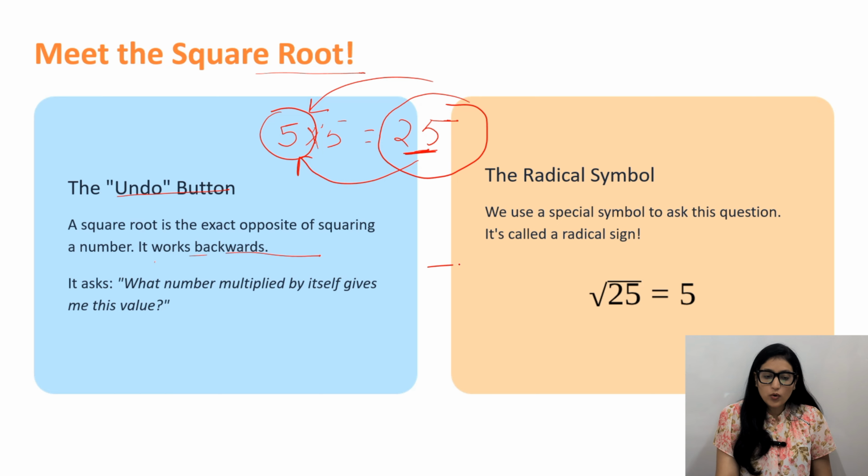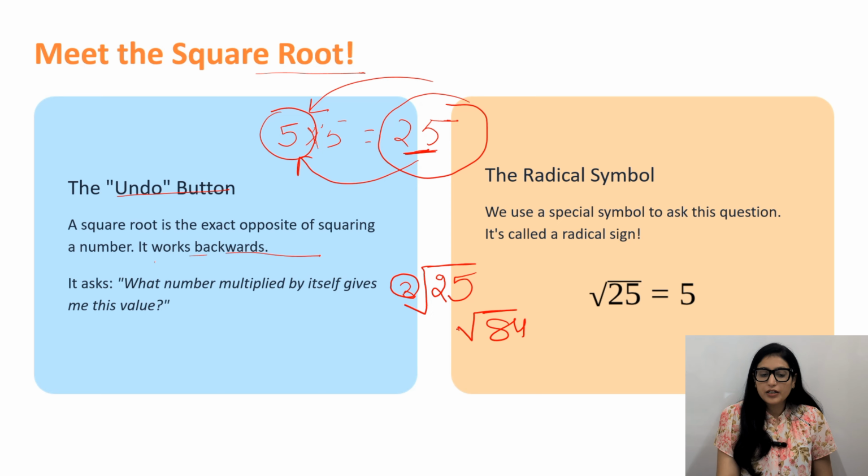Now, the square root is represented by the radical symbol. So, if I want to find the square root of 25, I will write 25 under the root. You can write the index 2 here too or not. If you don't write it, it is understood that we are talking about the square root only.